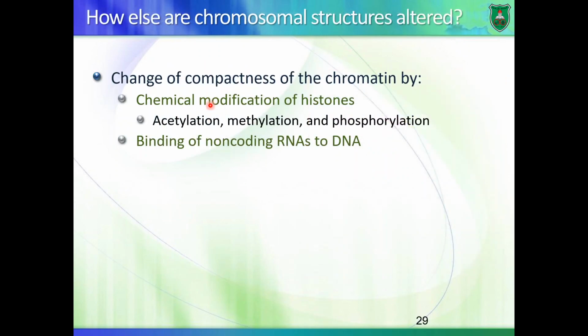The other mechanism is chemically modifying histones. Okay? And this happens via a number of chemical modifications. You can have acetylation, methylation, and phosphorylation. And this can also be mediated by non-coding RNAs.